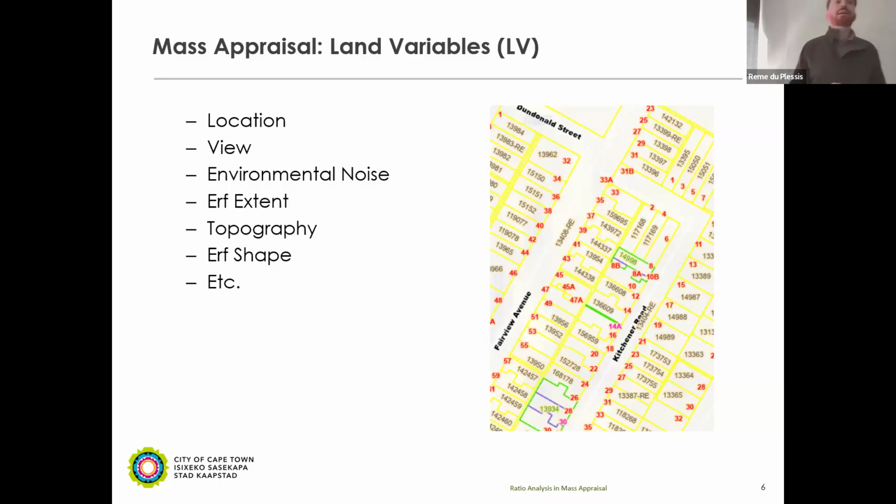However, if you are in a lower valued area and there's more noise around your property, it might mean that you are closer to transport, like the taxi ranks, and closer to some of your local businesses, etc. And there we tend to see a positive relationship with the environmental noise.